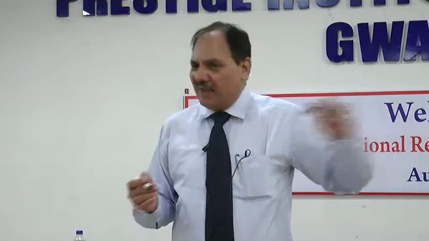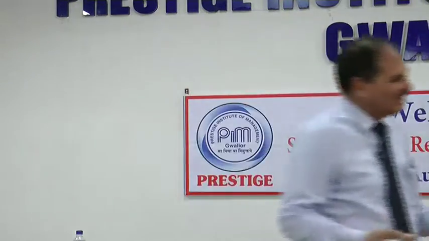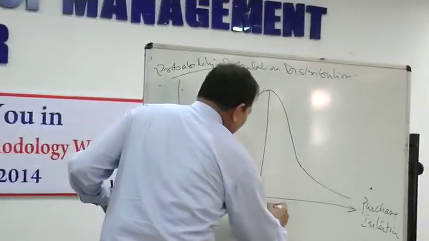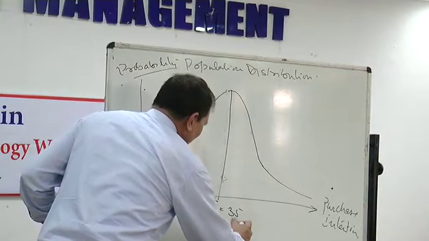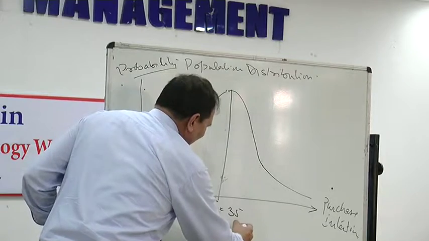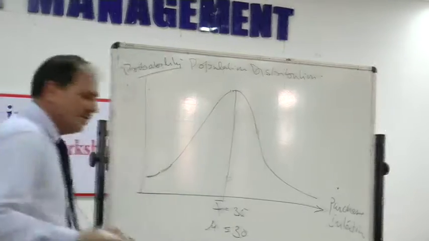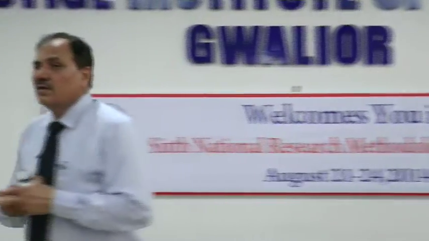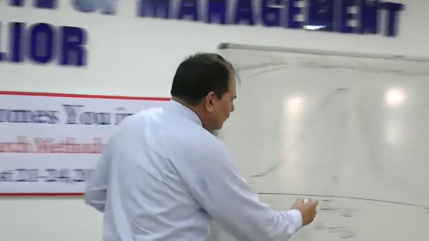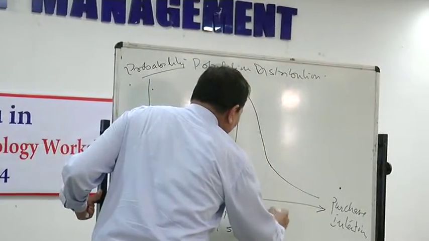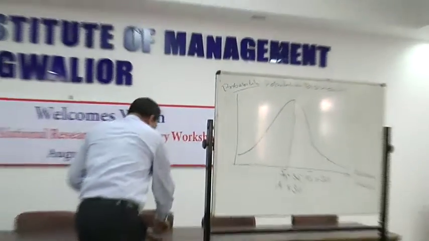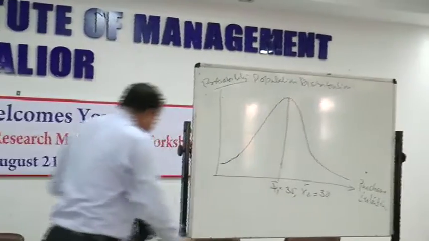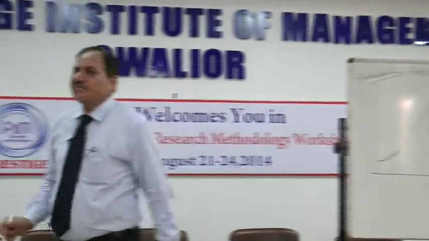Say the mean purchase intention is 35, and the mean purchase intention of the other group, x1 bar and x2 bar, was 30. Forget about the population. Now can we say that these two means are different?